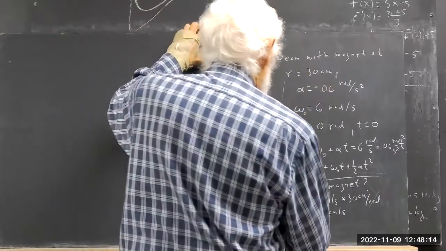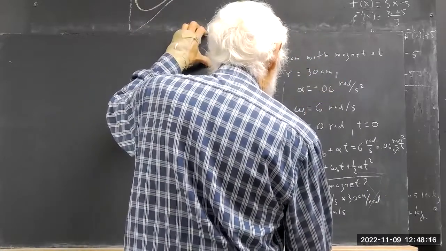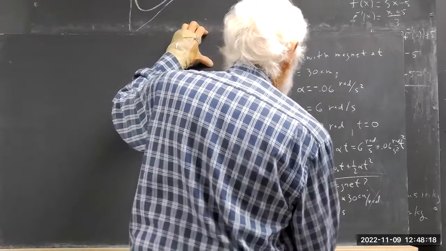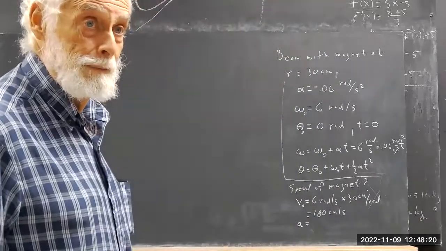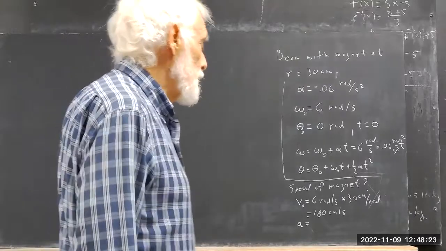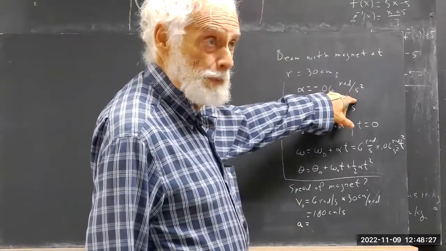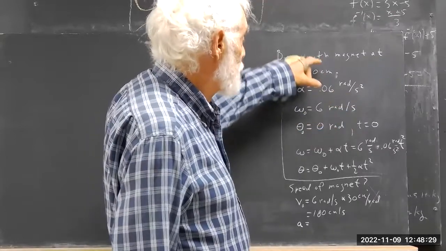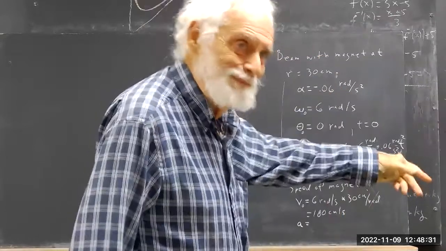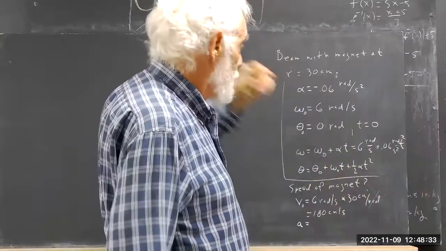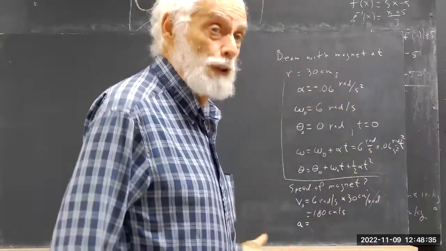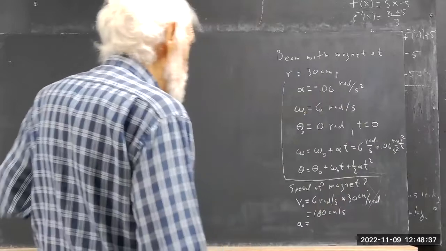And so the acceleration, it's an A, meaning it's along the arc. We can immediately see it. If it's negative 0.06 radians per second squared, means it's 0.06 30-centimeter increments per second squared, with negative 0.18 centimeters per second squared.